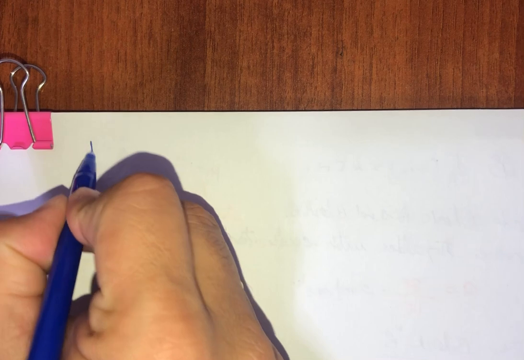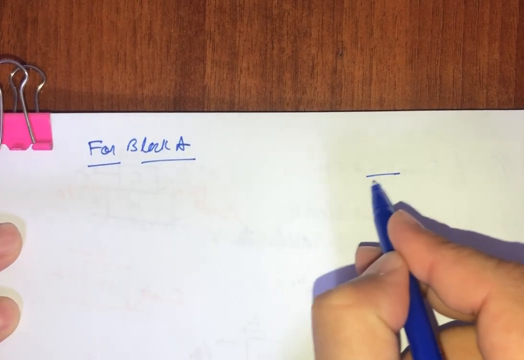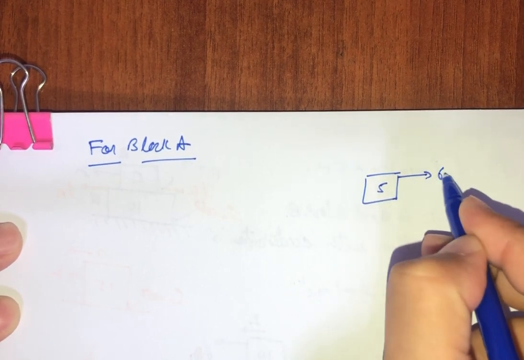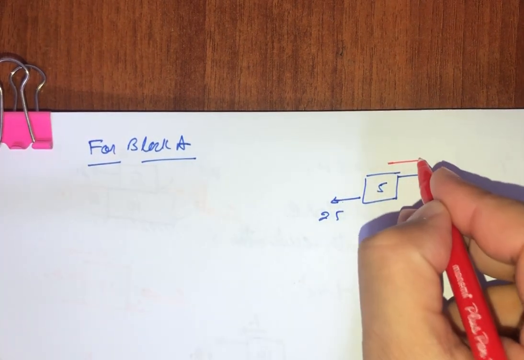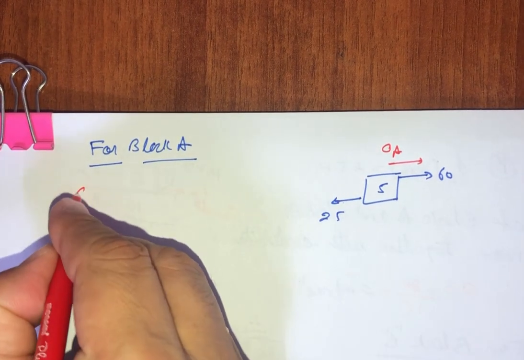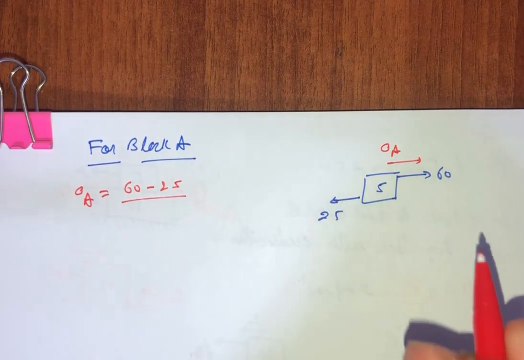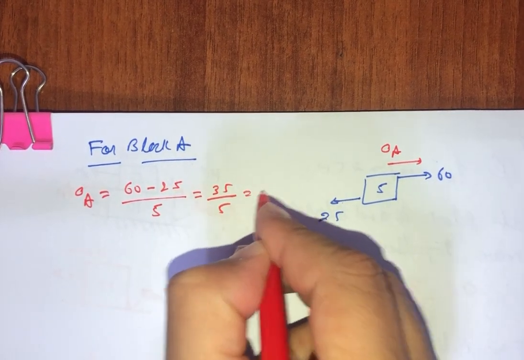So for block A, 5 kg, and force is given 60 and we already know this value is 25, and let us suppose it is moving with the acceleration of A. So the acceleration of block A will be given as 60 minus 25 divided by 5, which is 35 over 5, which is 7.